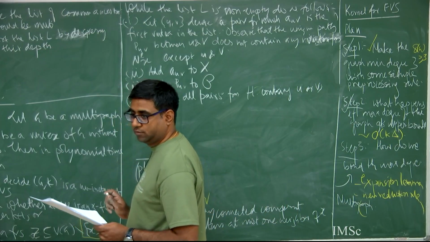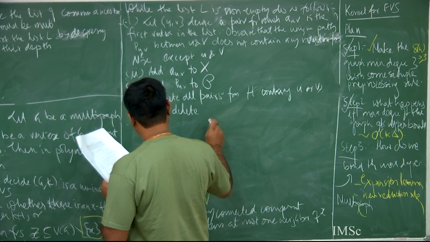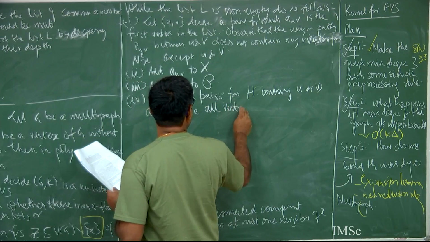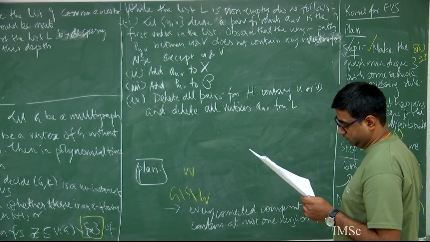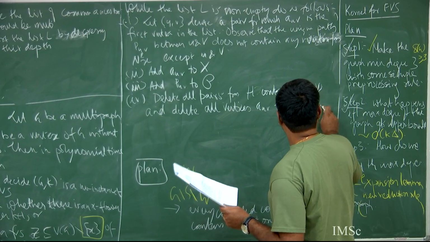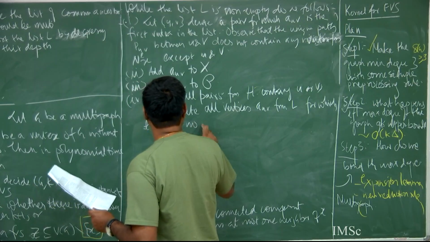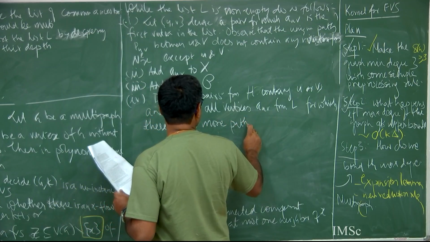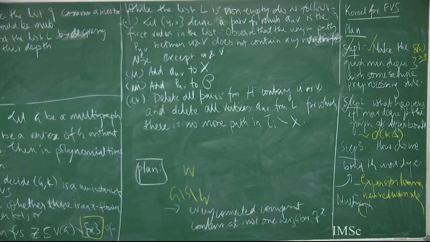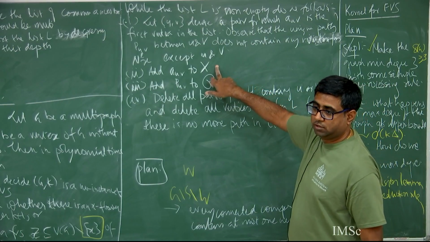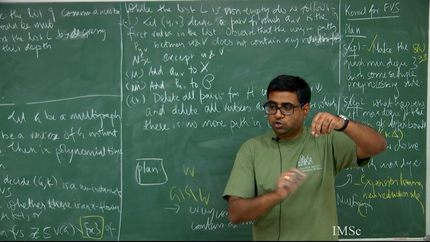And delete all vertices A_UV from L for which there is no more path in T_i minus X. This is my destructive step. Some vertex is in the list because some U and V had a path.